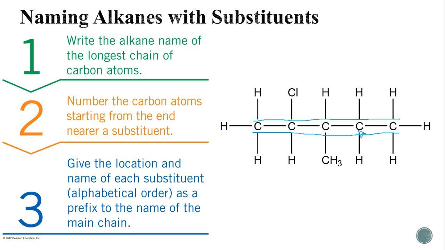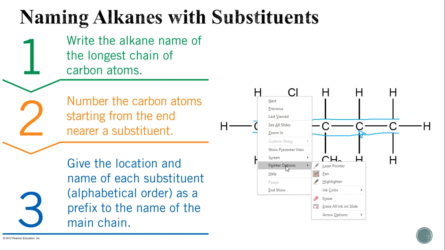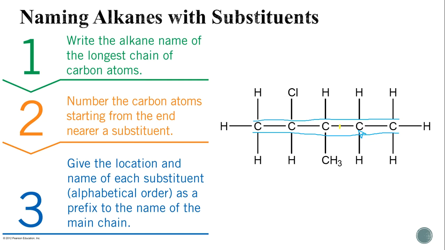When we see something other than a hydrogen attached to this backbone, we need to highlight it, whether physically or just in our mind. If I look at this carbon: hydrogen, hydrogen, hydrogen, nothing to note. If I look at this carbon: hydrogen, oh, there's a chlorine. Let me highlight that, let me register that. Go to the next carbon in my chain: hydrogen.